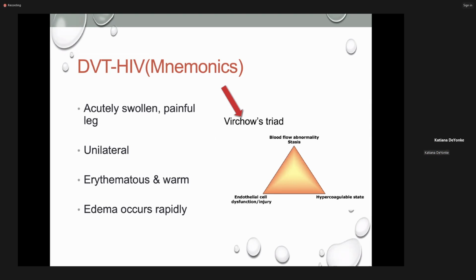Wait, what did he say? I said pain on dorsiflexion of the calf, ankle, whatever. Pain in the calf area after dorsiflexion is your definition of Homans sign. That's not my definition, no. What's your definition of Homans sign? Elevating the leg to 10 degrees while compressing the calf while the patient is supine.